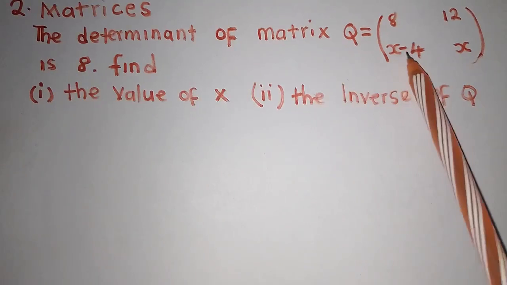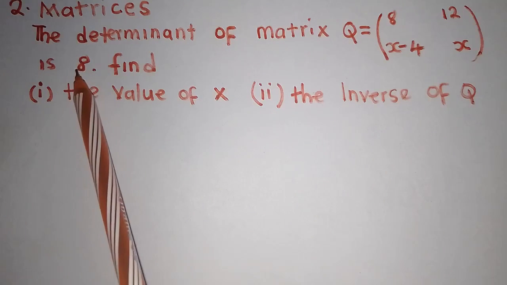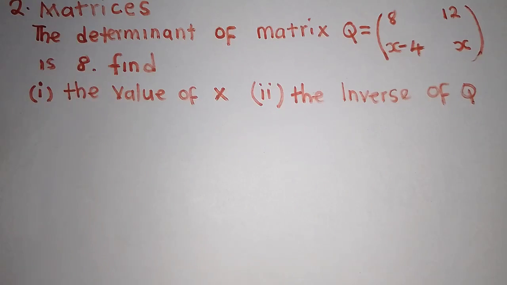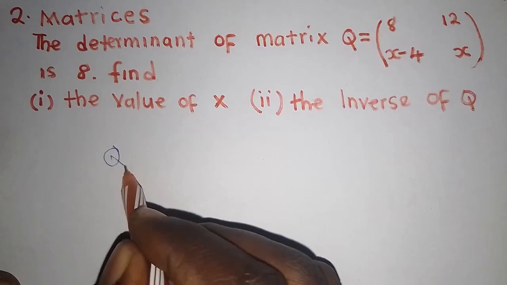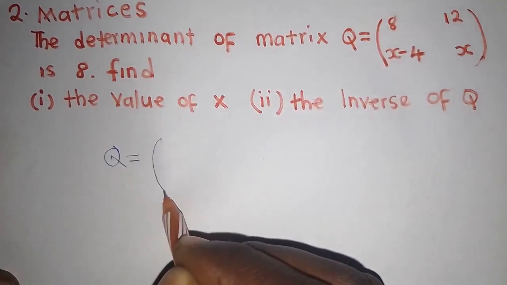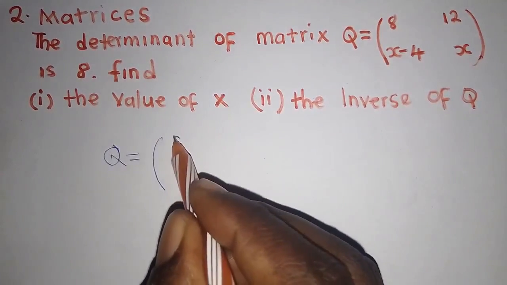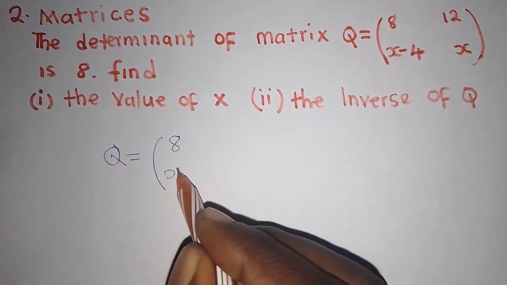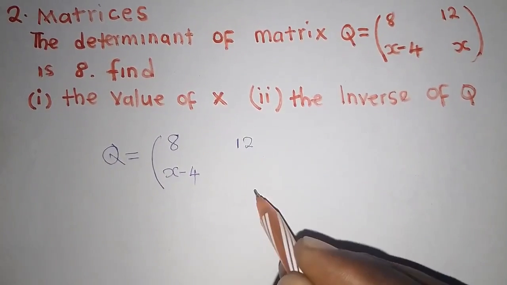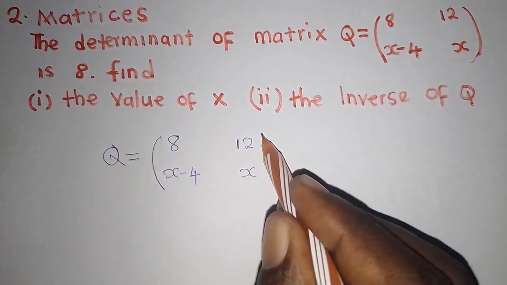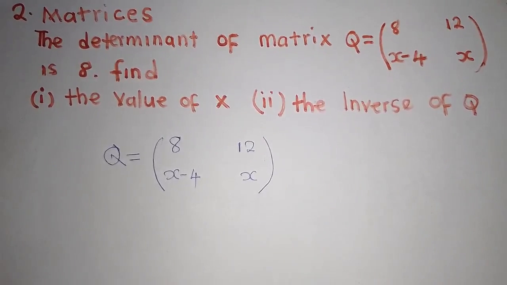So this is the matrix. You are given the determinant which is here. How can you answer this one? You've got matrix Q, having 8 there, having X minus 4, having 12 there, having X. This is what you are given.